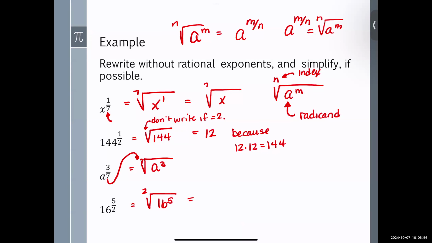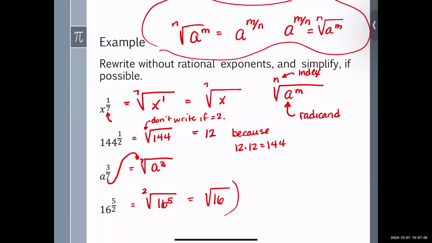And the reason I know it has a value is, again, from the definition up here, I can actually write this as the square root of 16 raised to the 5th power. By definition, we can do that. And the square root of 16, you may not remember, but that is actually 4. So what's 4 to the 5th power? Oh, we'll find out. So 4 to the 5th. 1024.